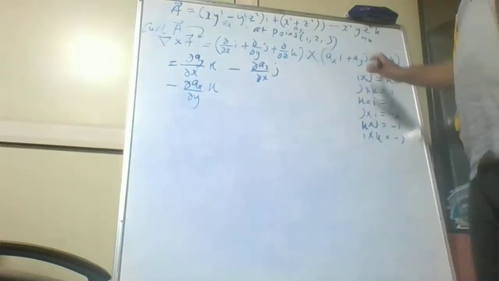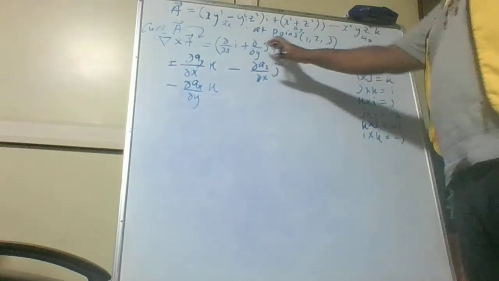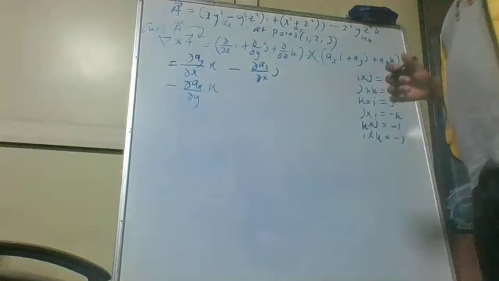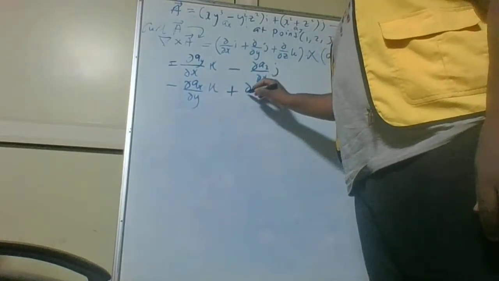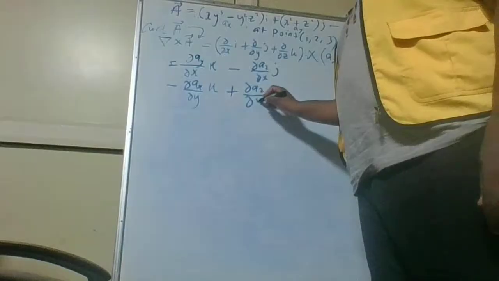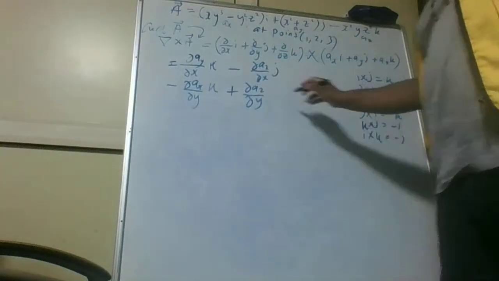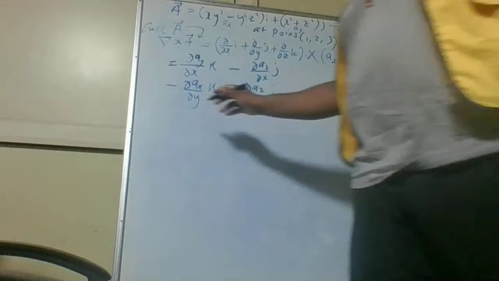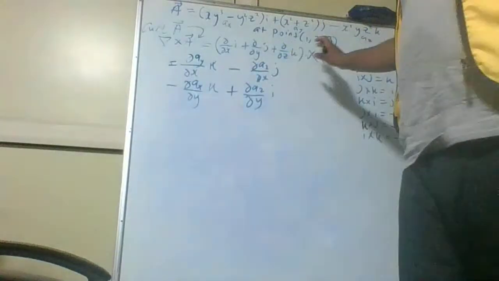Partial over partial y j cross this is going to be 0 because j cross j is 0. Partial over partial y j cross az k is going to be positive partial az over partial y of j cross k. j cross k is i. Okay. Partial z k cross i will be j.